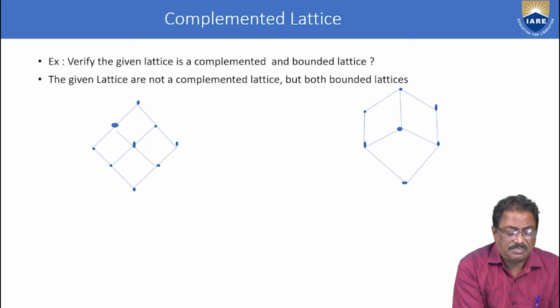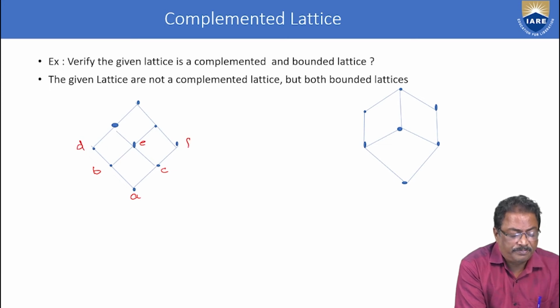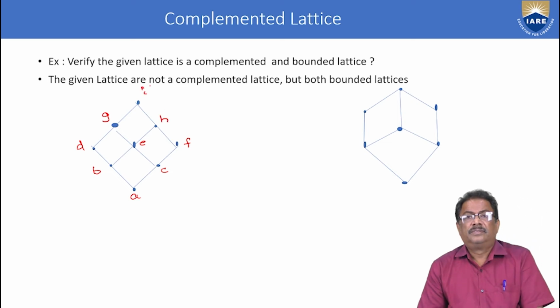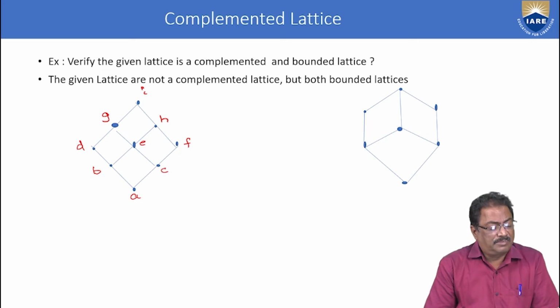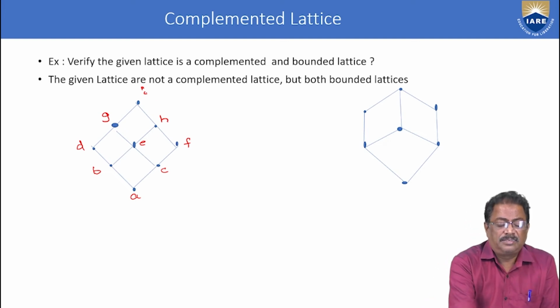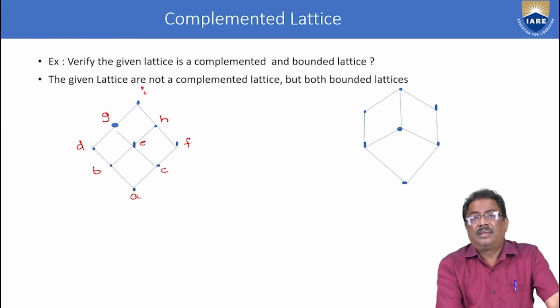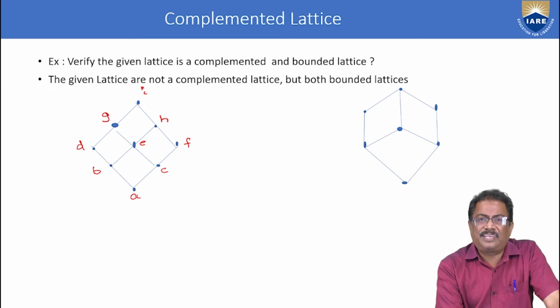Suppose I am considering the Hasse diagram of one lattice, with elements D, E, F and G, H, I. Here the least element is A and the greatest element is I. So this lattice has least and greatest elements, so we can say that it is a bounded lattice.